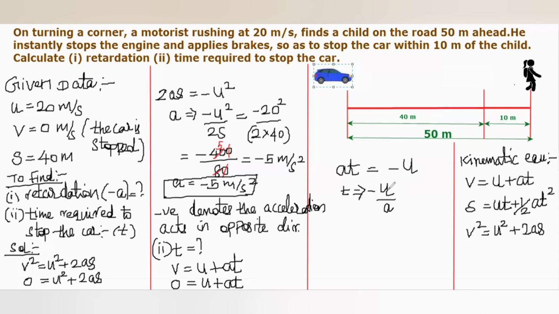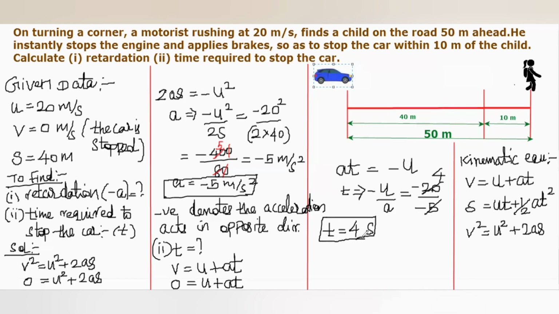Now substitute the values. The initial velocity is 20 meters per second. So minus 20 divided by the acceleration we found, minus 5. If you substitute, this minus and minus will cancel each other. So we will get 4. So the time equals 4 seconds.